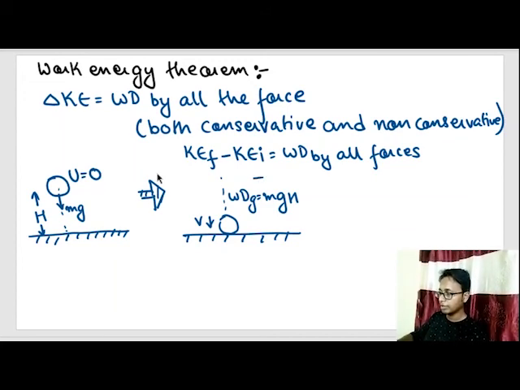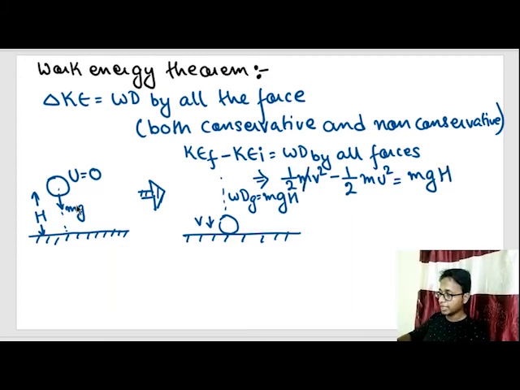Okay, so what was the final kinetic energy out here? Final kinetic energy was half mv square. Initial kinetic energy was half m u square, and the work done by gravity is mgh.